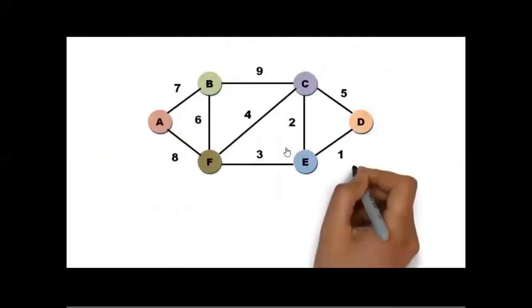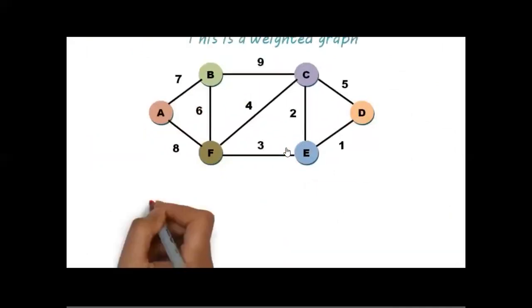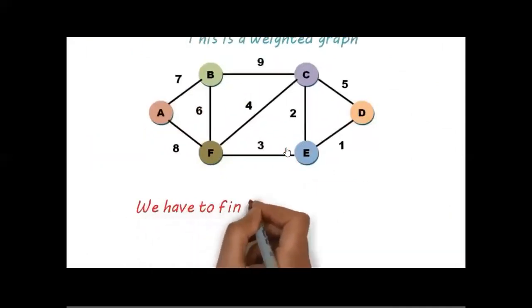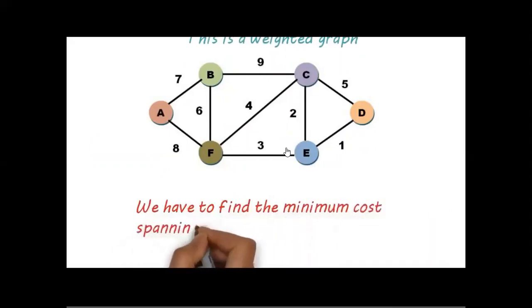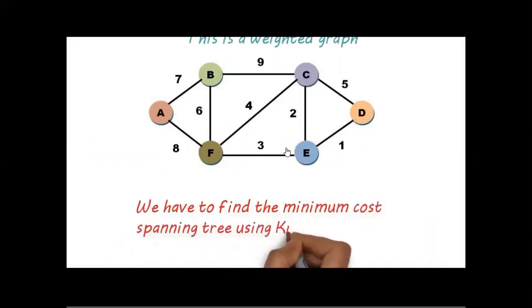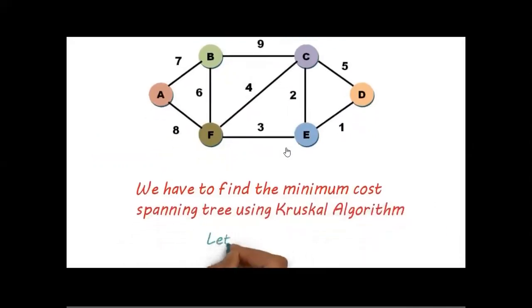Okay, we see one example of Kruskal's algorithm by constructing the graph. This is the weighted graph, consisting of a number of vertices and links, edges, and weights. From this graph, we have to select the minimum cost edge.